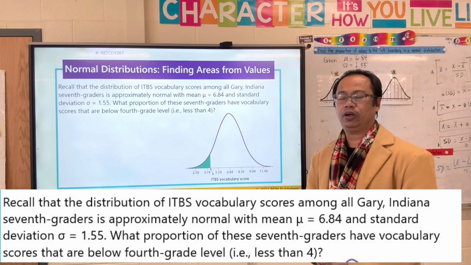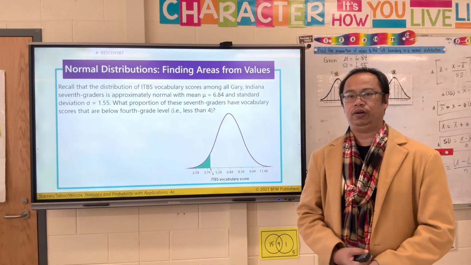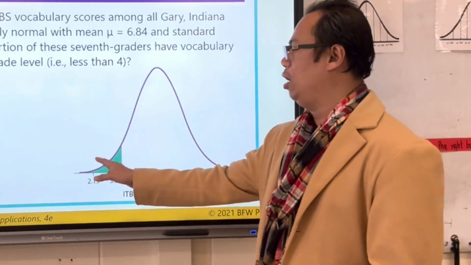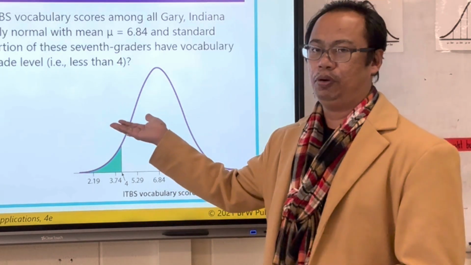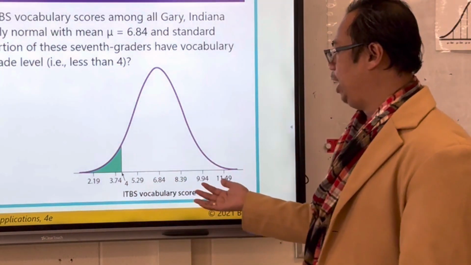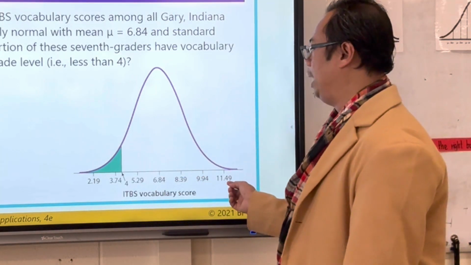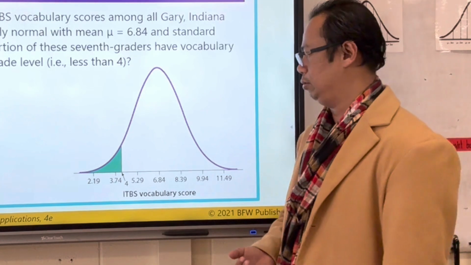If you still remember our discussion on finding the areas of a normal distribution, we put this area on the left side because of the words less than 4. So we get the values of the normal number line by simply adding and subtracting the standard deviation.